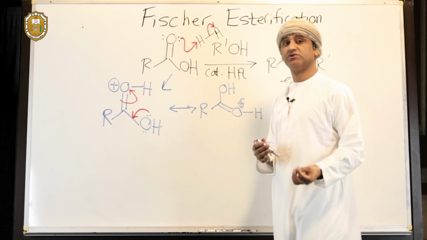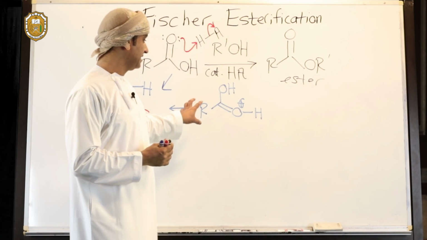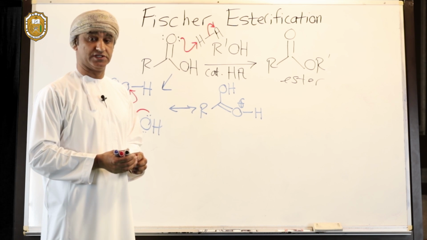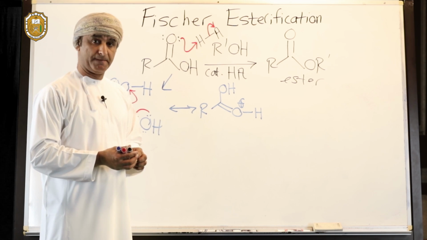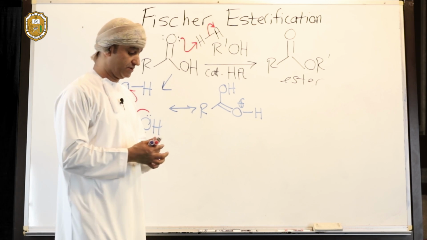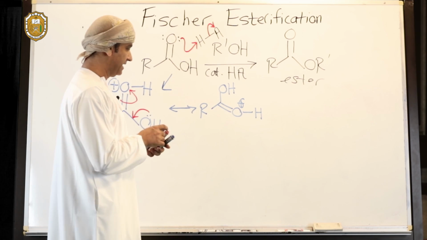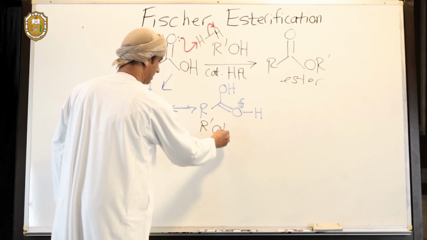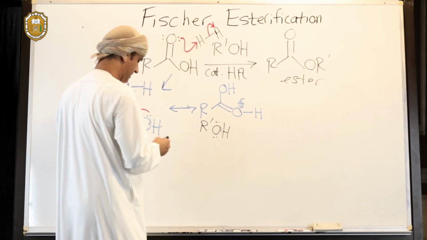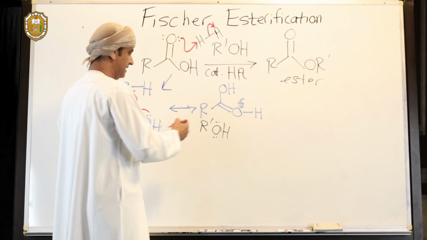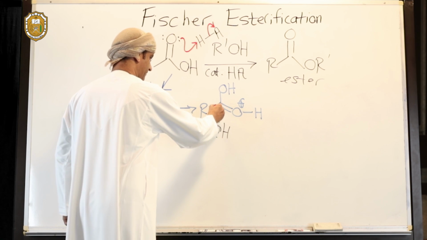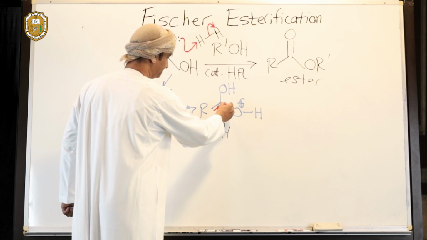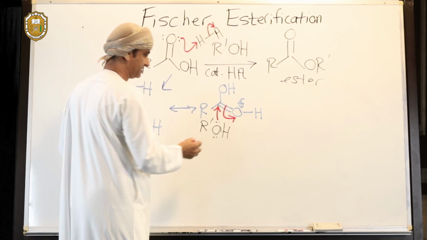Of course, alcohols are neutral nucleophiles, but with this highly electrophilic intermediate, they can do the nucleophilic addition despite their neutral nucleophilicity. So the alcohol, of this general structure, will now come in and attack that carbon, and then the carbon-oxygen bond is broken.